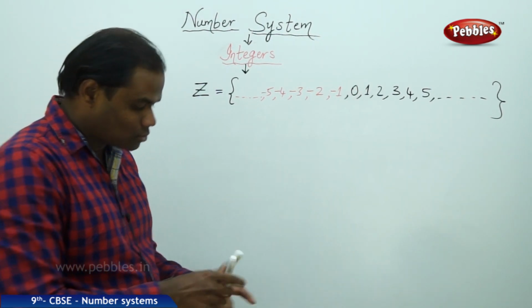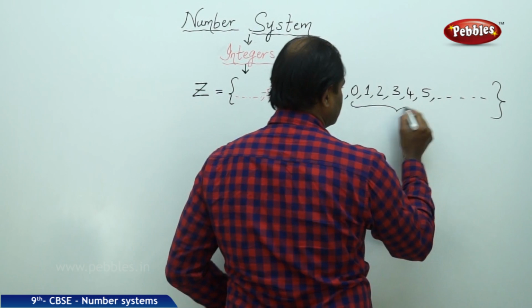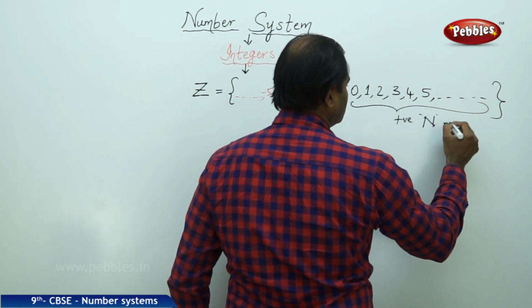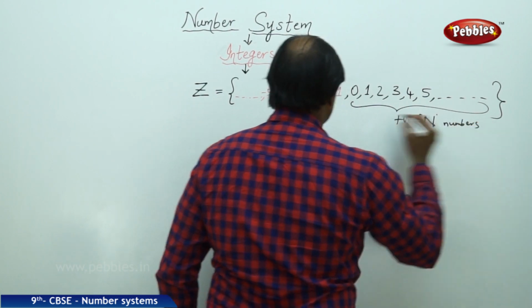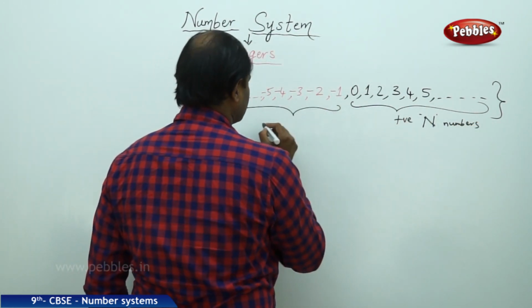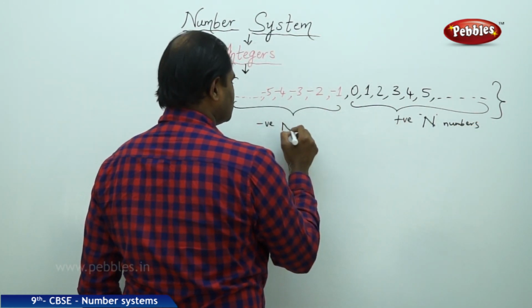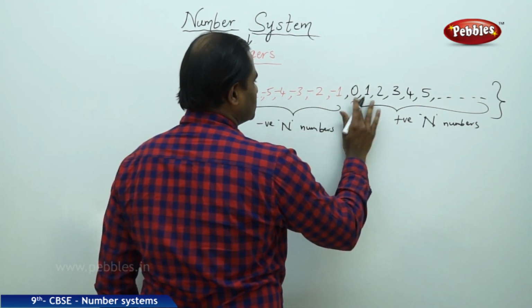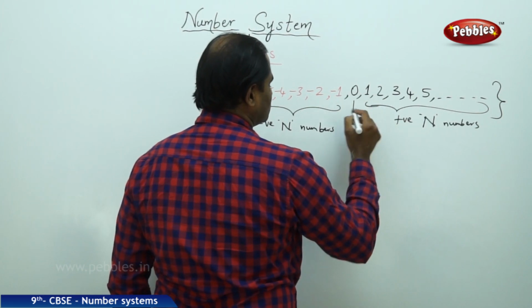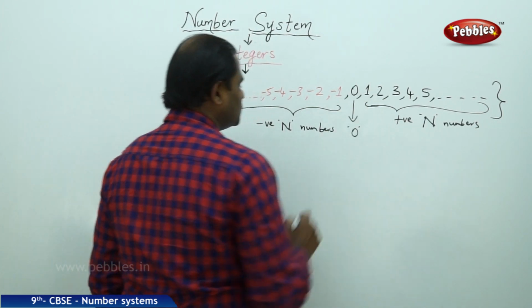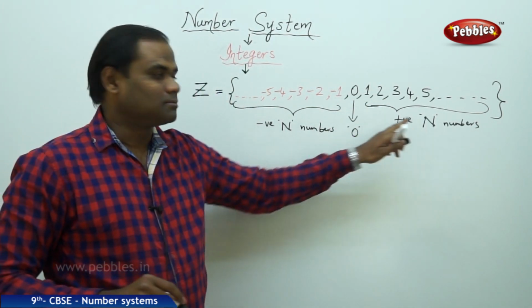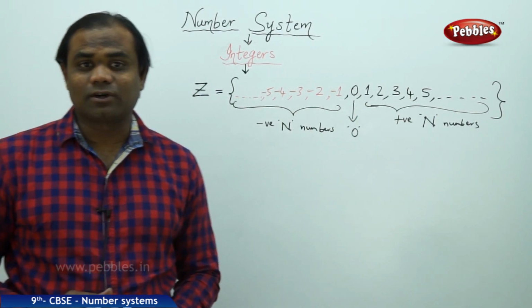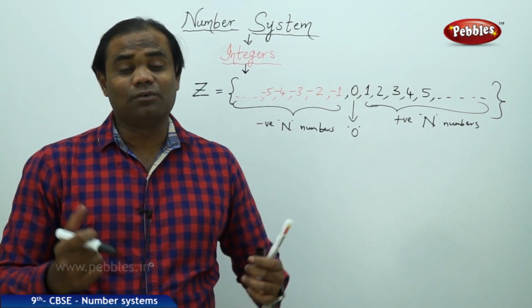So I have all this to be positive natural numbers and all this to be negative natural numbers, along with 0. So positive natural numbers plus 0 plus negative natural numbers together make the set of integers.